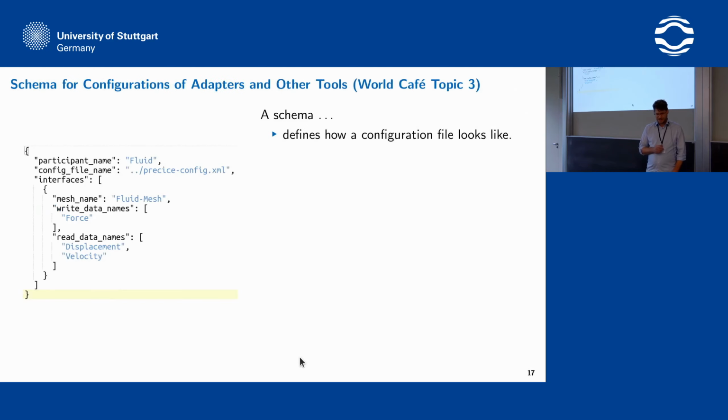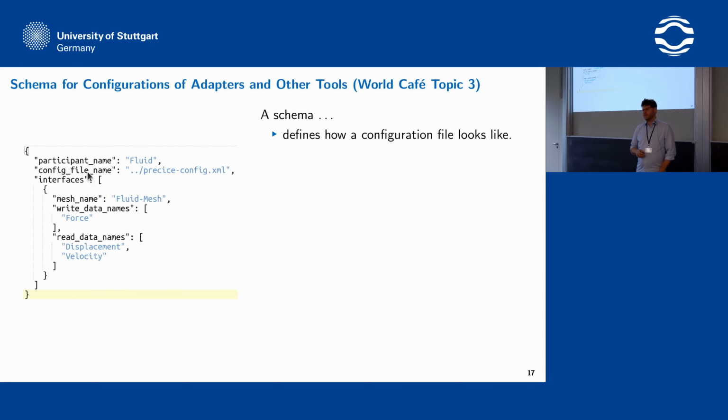What is that? So typically an adapter has a configuration file. This could be something like a JSON file here, where these are the typical things that you need to define. So for example, you need to say what is the participant name, where is the preCICE config, and what kind of meshes am I using.